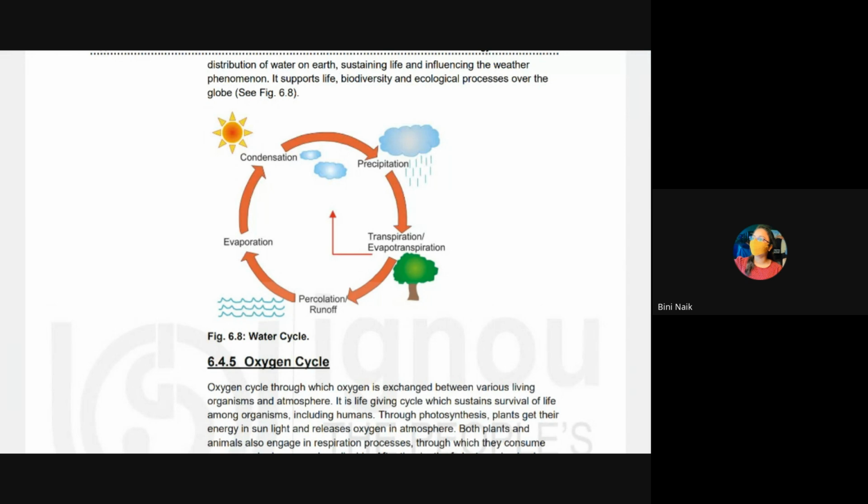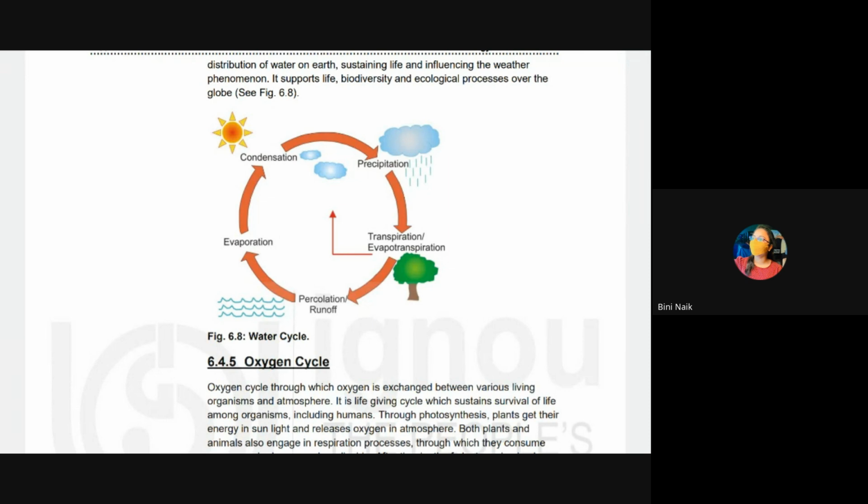Through evaporation, moisture is taken up. Then condensation occurs when you have 100% saturation. Once you have 100% humidity, the air will be saturated and condensation will occur, then precipitation will occur. Along with evaporation, you may have evapotranspiration also.